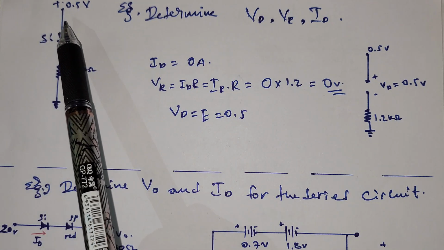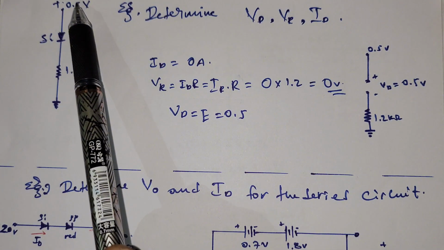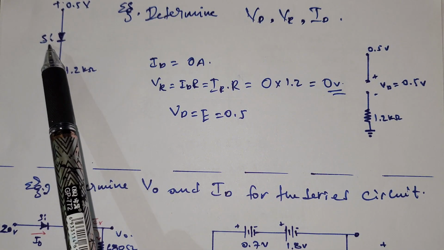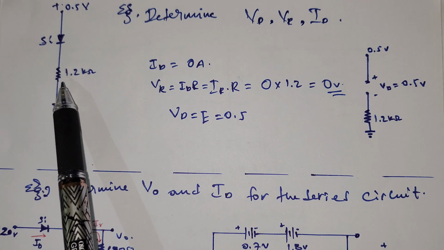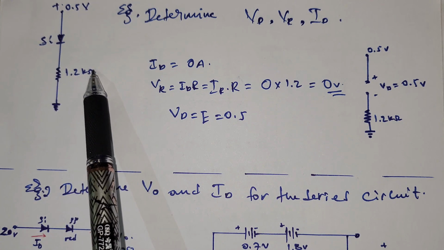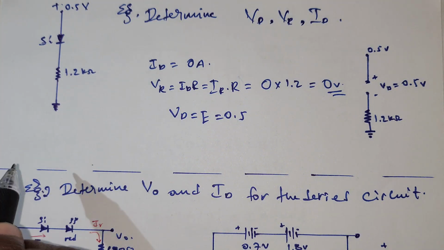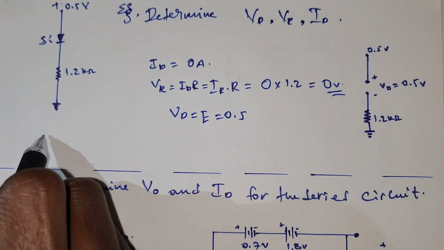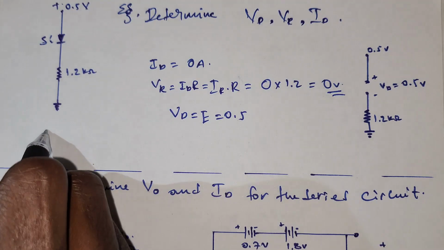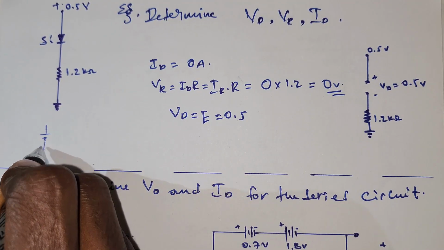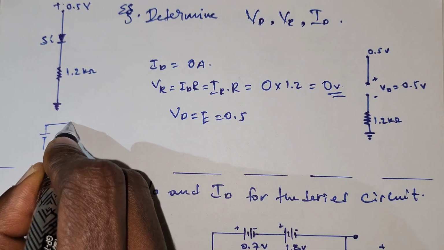We have a 0.5 volt source, and this is a silicon diode. So we have a 1.2 kilo ohm resistor. To make it more clear, we can draw a familiar circuit like this.